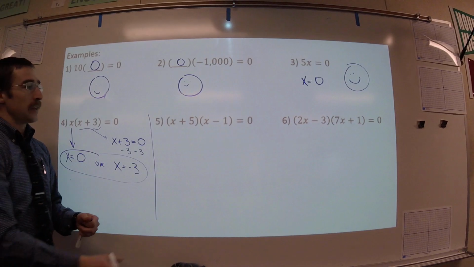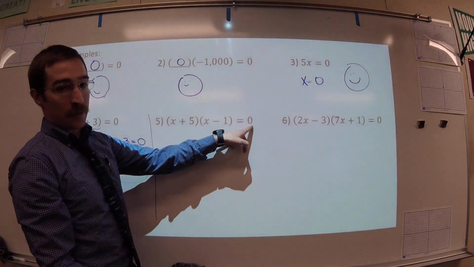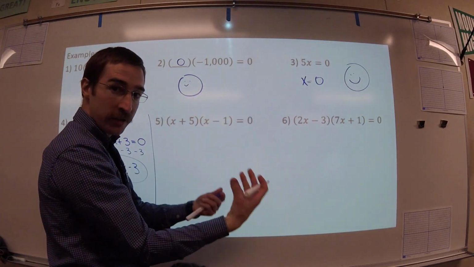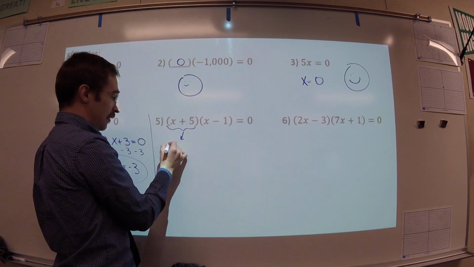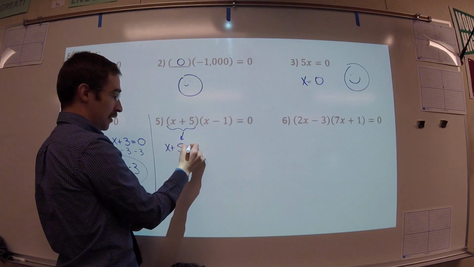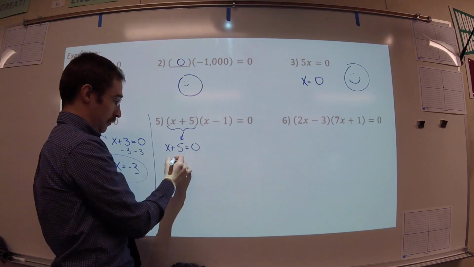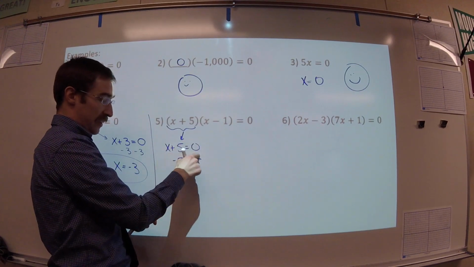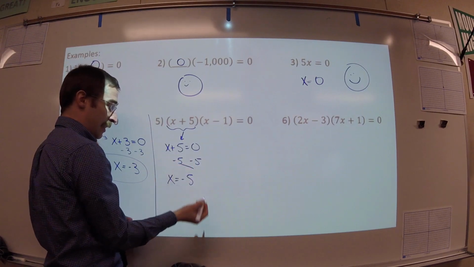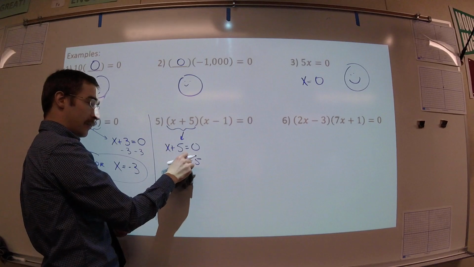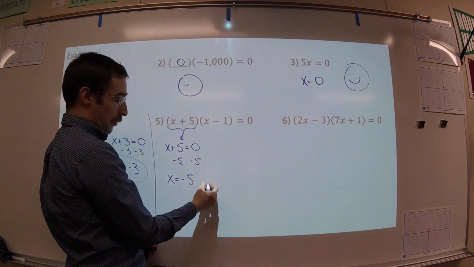Next one. Here I have binomial times binomial equals 0. Once again, multiplication equals 0. I say, what would make this 0? Well, just solve this simple equation and get x equals negative 5. That's one answer. Don't circle it yet. There we go.